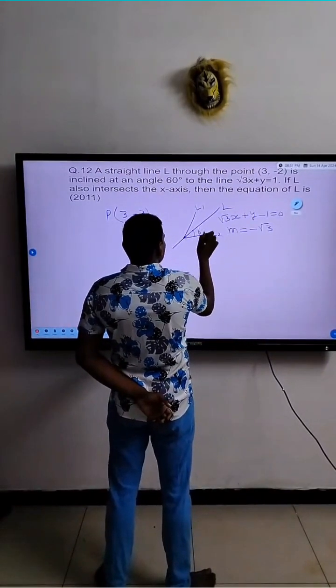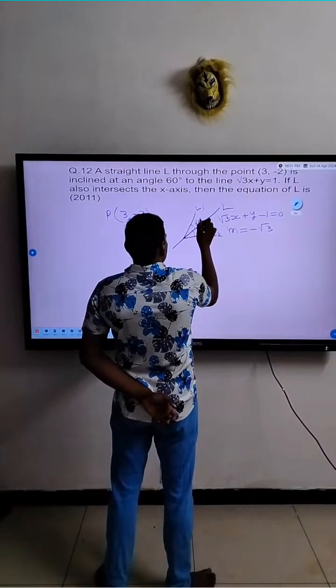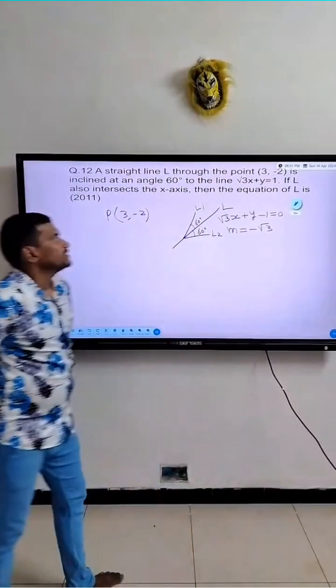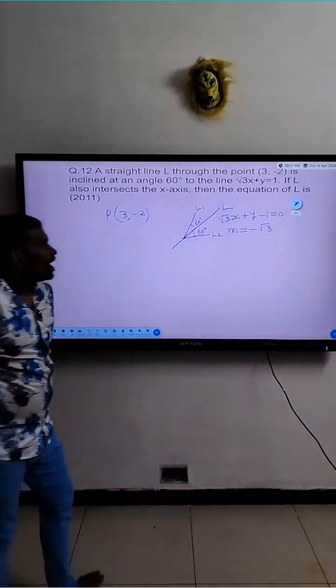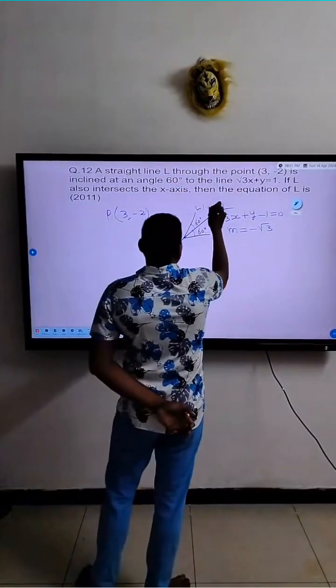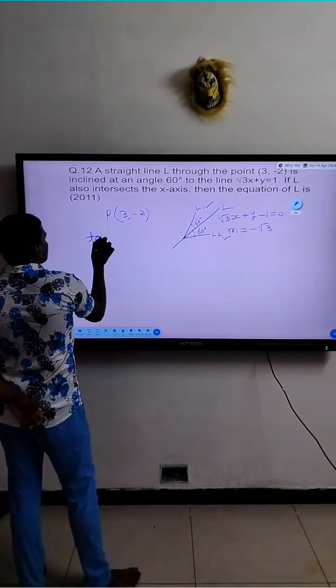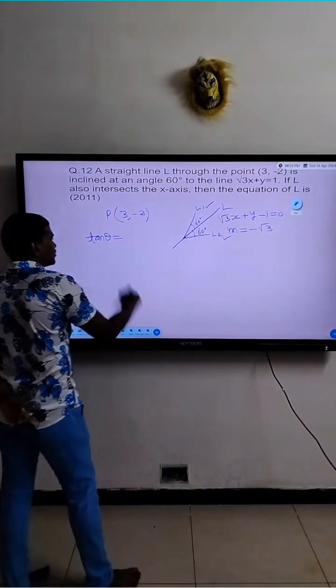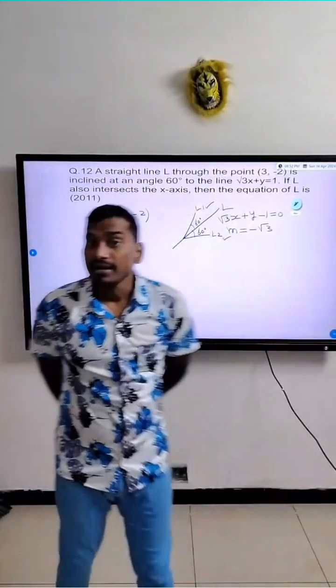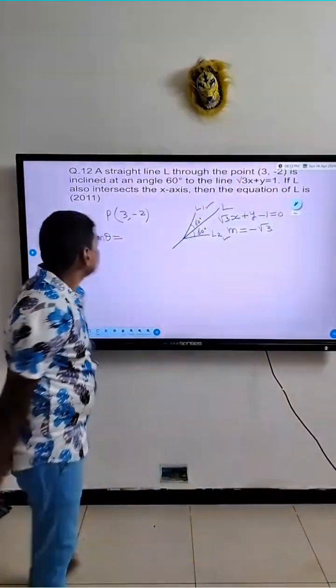There will be two lines which will make 60 degrees with the given line L. How to find the slope of this L1 and L2? Just use that formula: tan theta is (M1 minus M2) by (1 plus M1 M2). Theta is 60 degrees.